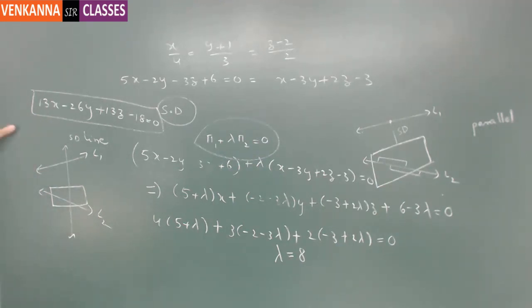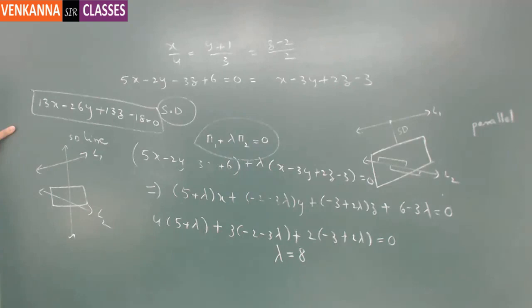So in order to write the equation of the SD line, since it is not possible to represent the line equation in symmetric form here, we are representing the line of SD in unsymmetric form. So what does it mean? I need to calculate two plane equations such that the intersection is nothing but the SD line.